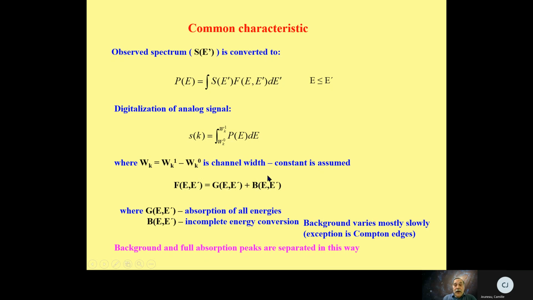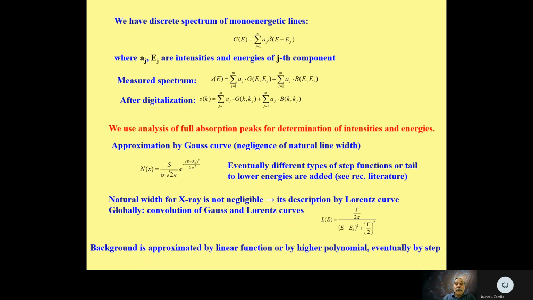And the second part is produced by incomplete energy conversion. That means this is background which is produced by Compton edges, Compton continuum, by these different parts of the spectra. That means we have not only monoenergetic spectra, but we have many lines.